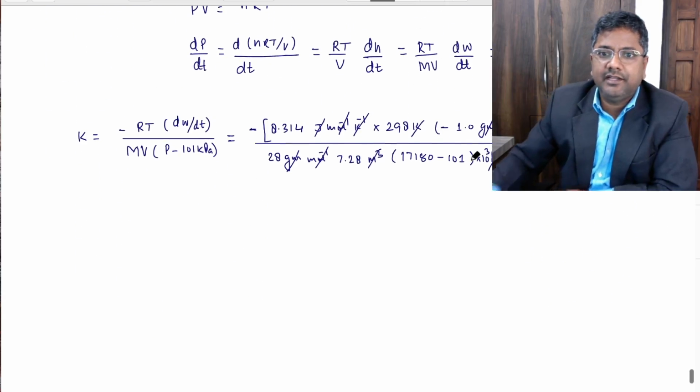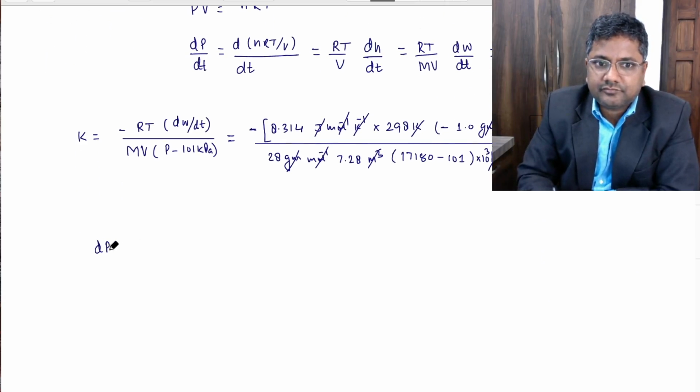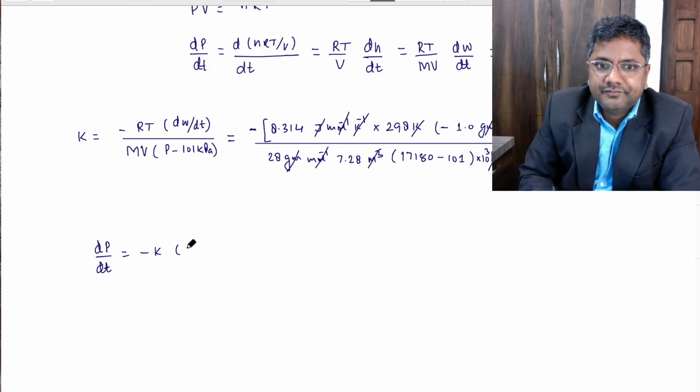So dP by dt is equal to minus K times (P minus 101 kilopascal).